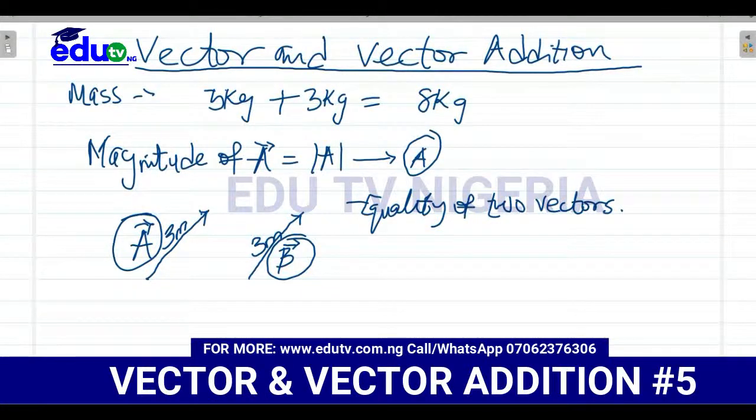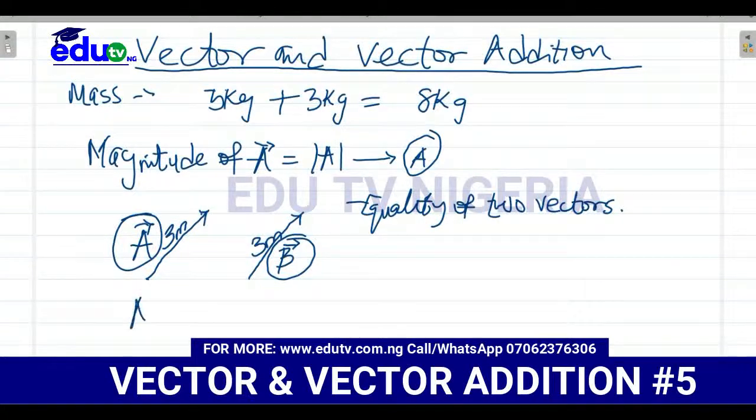We can also call them two parallel vectors. Because they have the same magnitude and the same direction, we call them equal. They have equality of vectors.